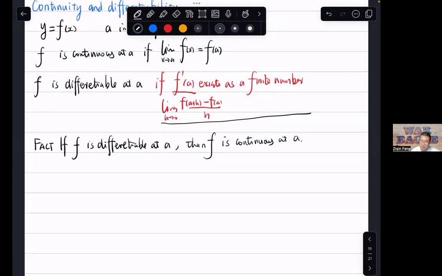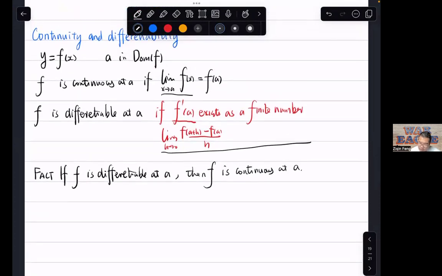The limit as x goes to a of f of x minus f of a has to be 0, because the second term is constant, so these two are equivalent.